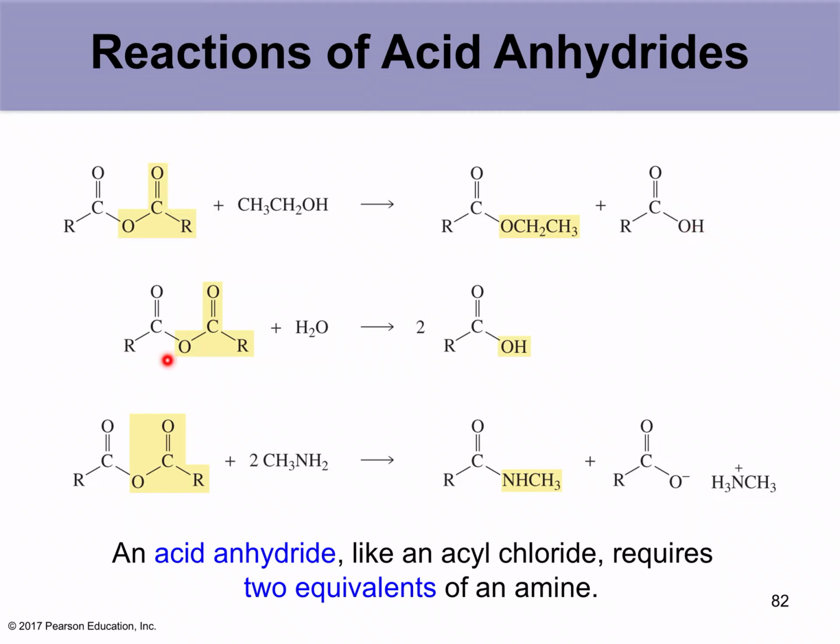And if you have the same R groups on each side, when you add water, you can get 2 carboxylic acids. And with methylamine, this group is replaced with the amine group, and then from this side, you generate a carboxylate anion. Acid anhydride, like an acyl chloride, requires 2 equivalents of an amine.